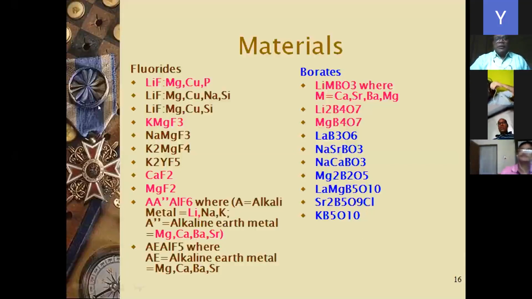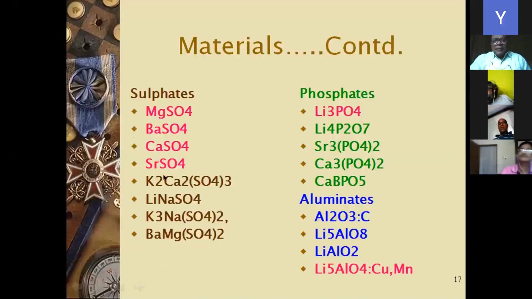I will give only one example here. The sulfate base, these are also going to be prepared, Li3PO4. All this pink color phosphor, we have got publications on either PLD or website.